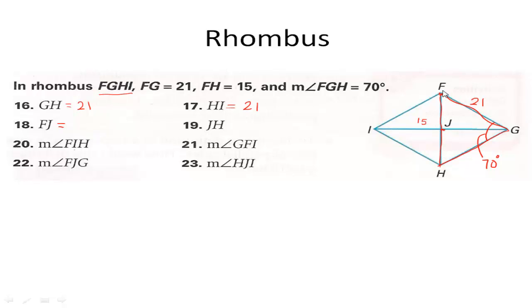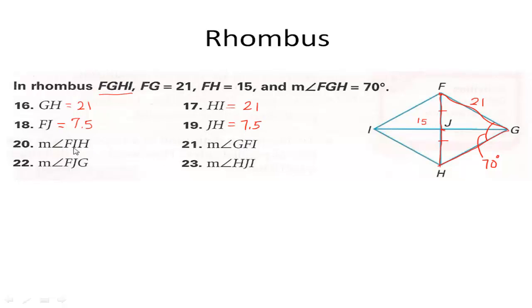FJ is half of the whole thing because I know diagonals bisect each other in a rhombus. So half of 15, that would be 7.5. For JH, JH is the other half, and since this piece is congruent to that piece, if this is 7.5, this has to be 7.5.